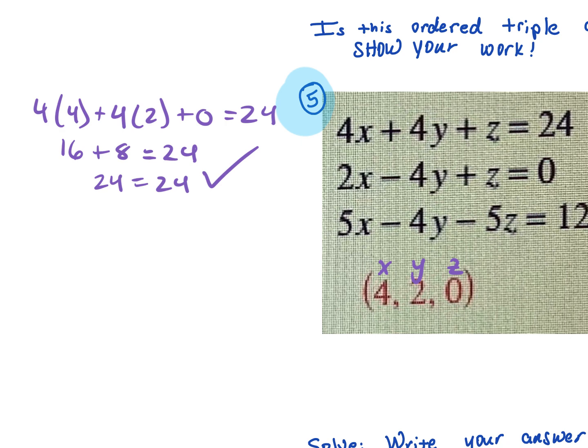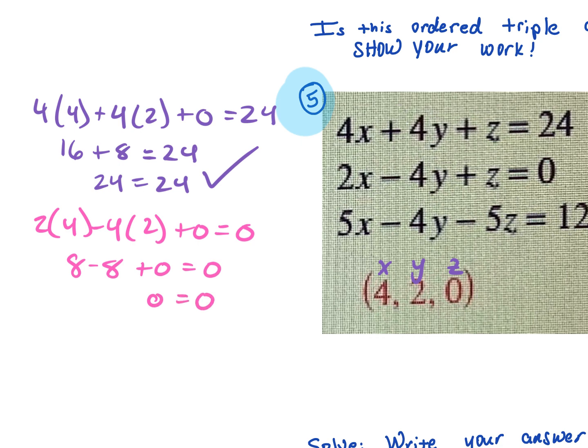Am I done? No, we have to check all 3 if it's going to work. So 2 times 4 minus 4 times 2 plus 0 is equal to 0. This would be 8 minus 8, which would be 0. Does 0 equal 0? Yes.